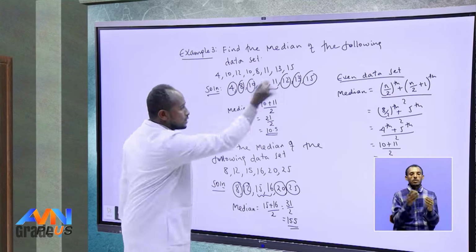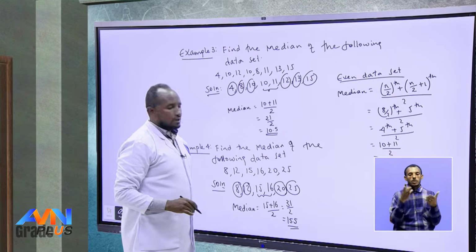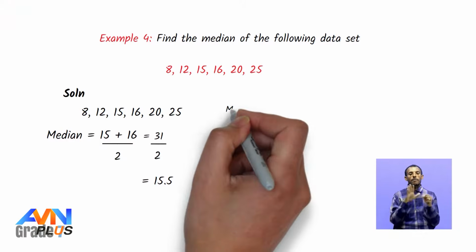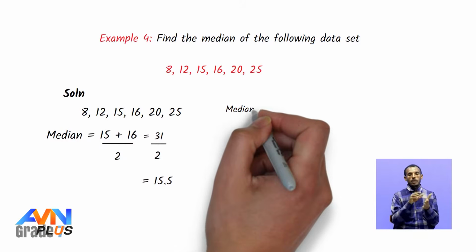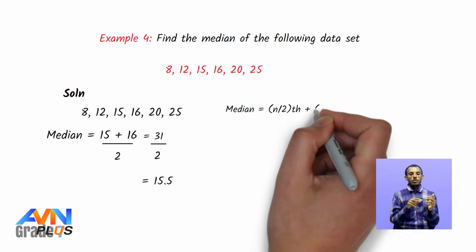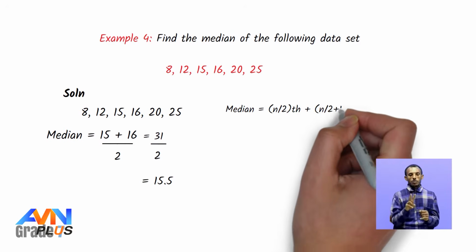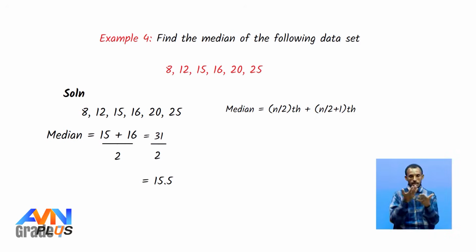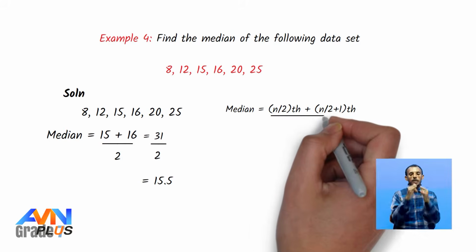Or using this equation, since we have an even number of data, the median will be equal to n over 2's item plus the next item, divided by 2.